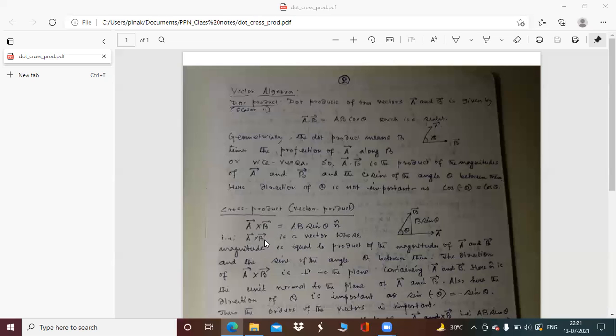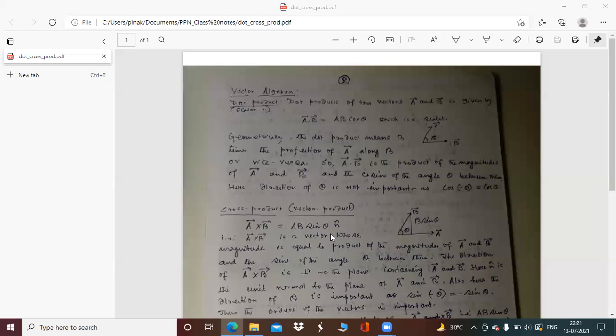That is, a bar cross b bar is a vector quantity whose magnitude is equal to the product of the magnitudes of a bar and b bar and the sine of the angle theta between them. The direction of a bar cross b bar is perpendicular to the plane containing a bar and b bar.